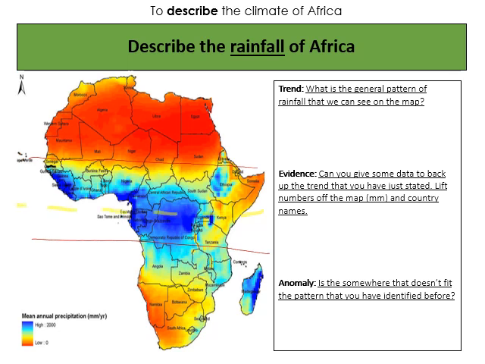And you can see that either side of the equator, we have a significant amount of rainfall, up to 2,000 millimeters of rainfall per year. Whereas as we move towards the tropics, so we've got the Tropic of Cancer here and the Tropic of Capricorn here, you can see that the amount of rainfall starts to reduce.